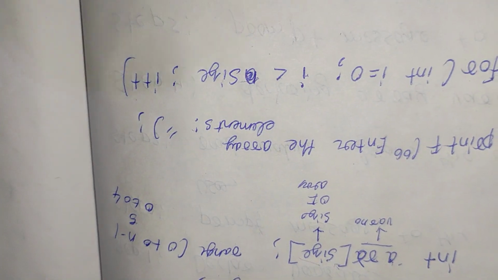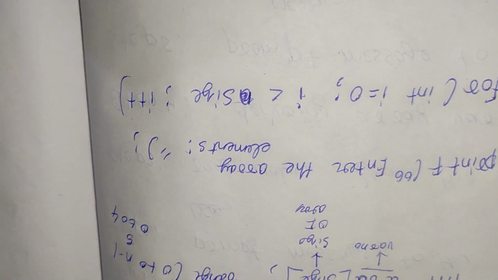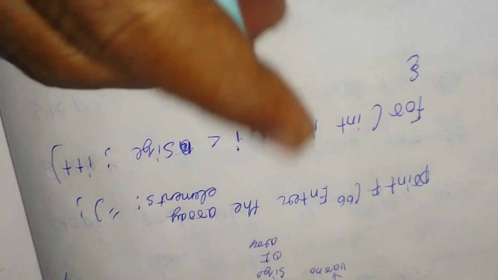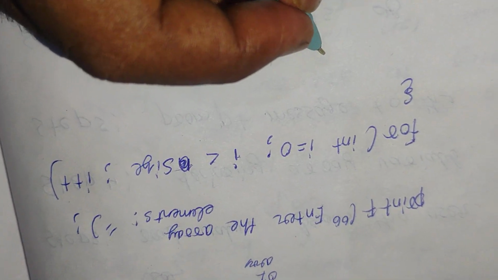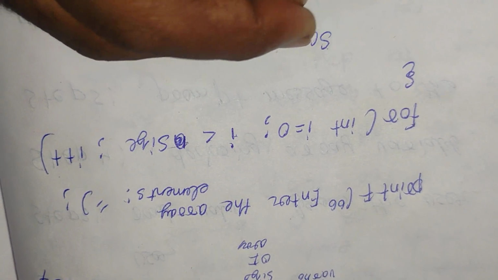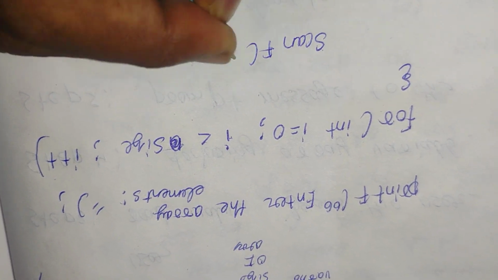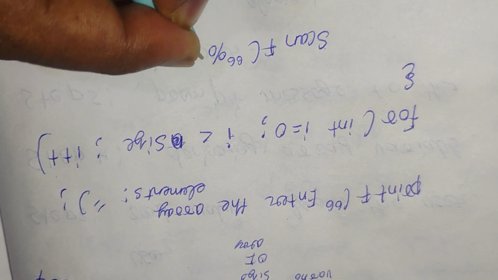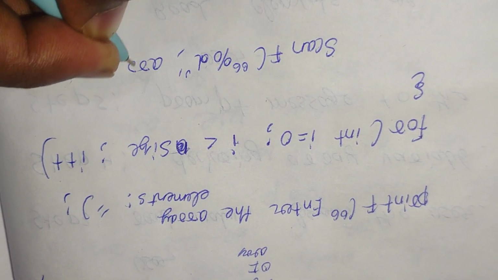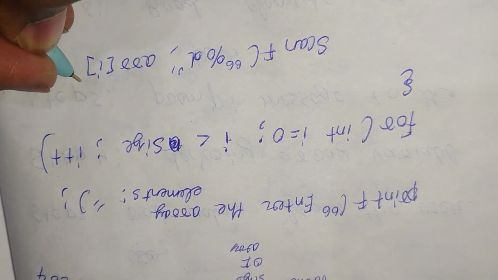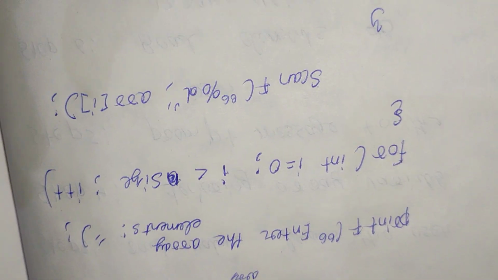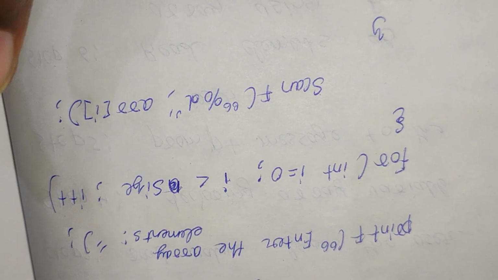Now the i value needs to be incremented for the next call. Inside the for loop, what statements am I going to write? I am going to write the scanf function with %d, and this is how we read values for the array from the user.